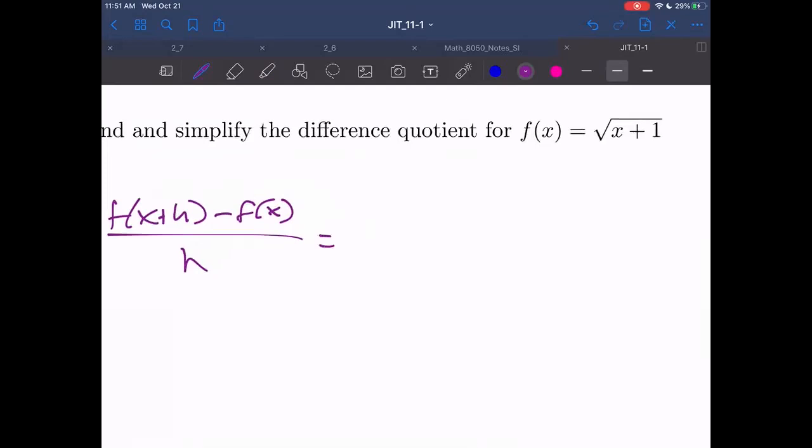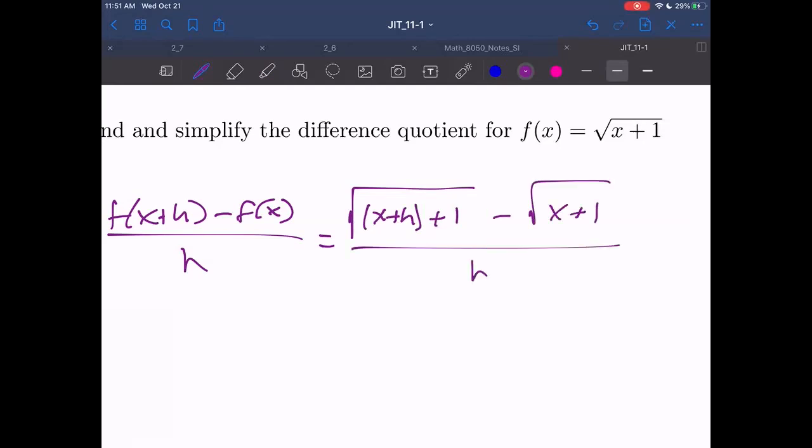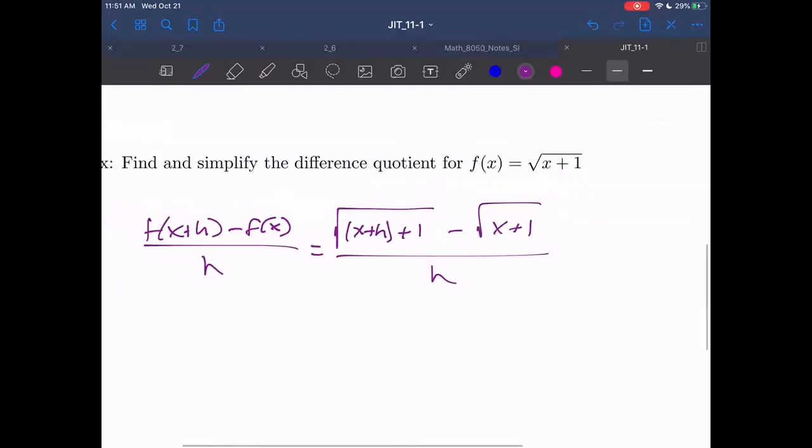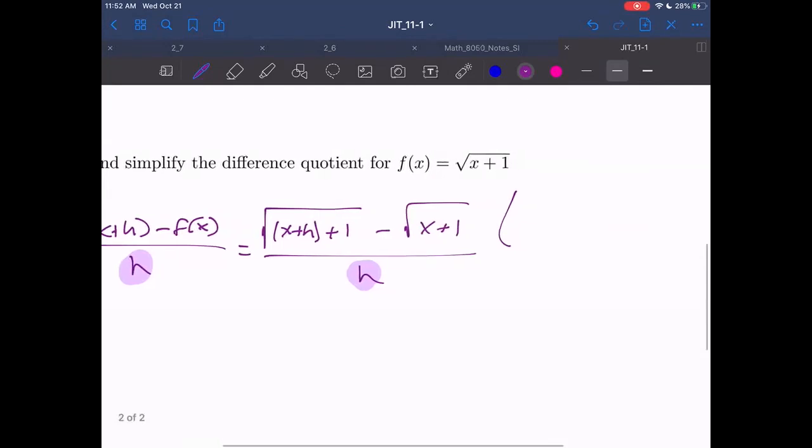So we get square root of x plus h plus 1 minus square root of x plus 1, over h. And again, our goal is to try to cancel this h somehow. So what we'll do is multiply by the conjugate and see if we can get something that'll work out so we can cancel.